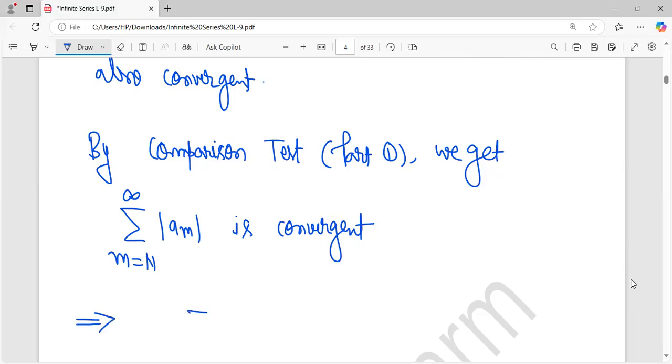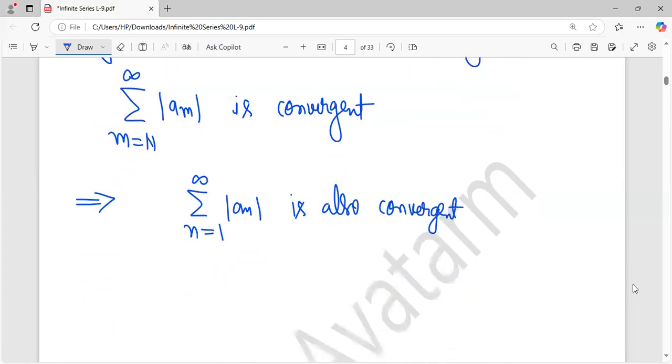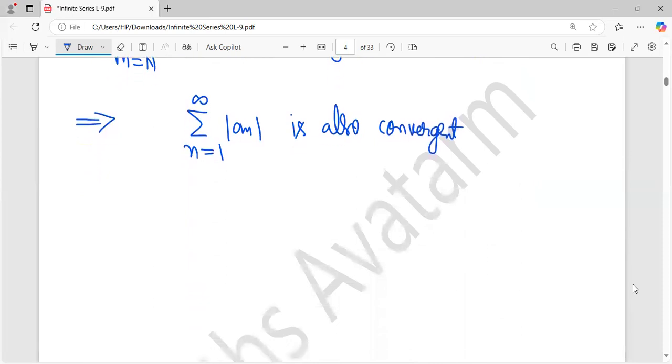So this implies summation n goes from 1 to infinity of a_n is also convergent, because adding a finite number of terms in a convergent or divergent series does not change the nature of the series.